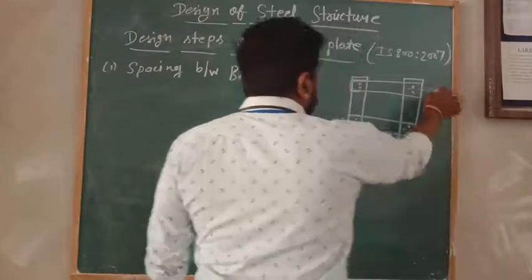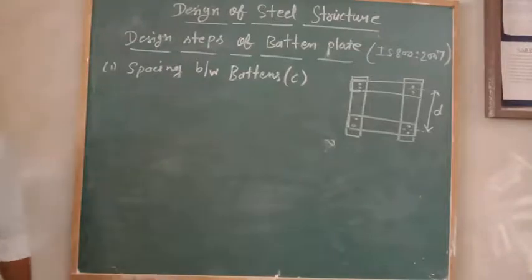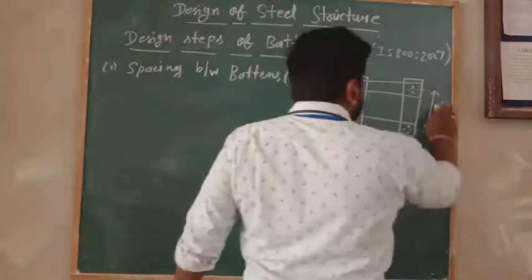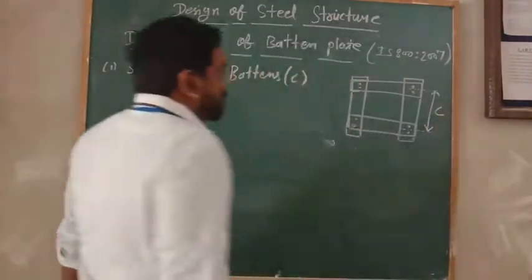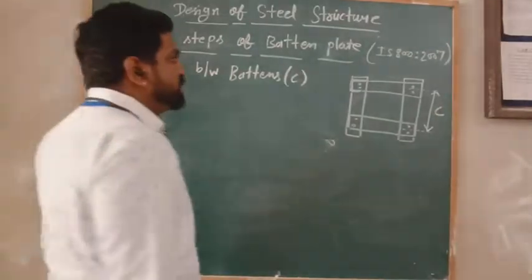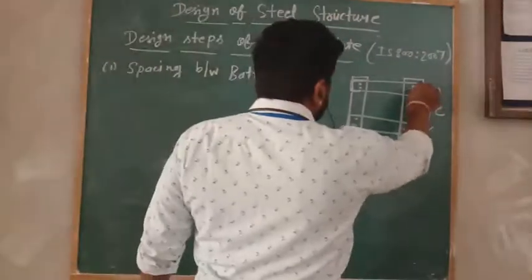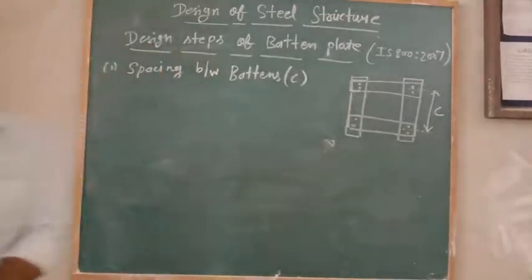We denote it by C. The vertical distance between two battens, from CG of bolt to the other battening plate's CG of bolt, is called spacing between battens C.